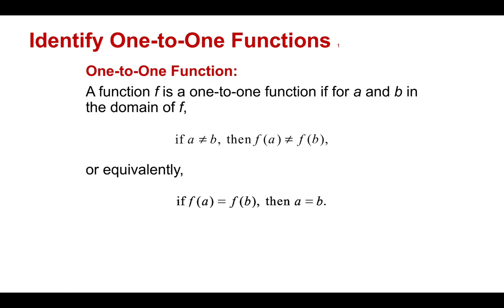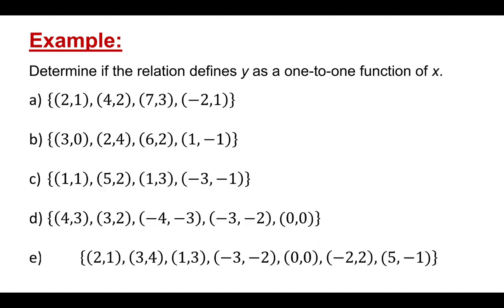When I plug them in, I still get the same result. So they are not one-to-one. This is the same as saying if the outputs are different, if the y values are different, then my inputs must be different. So we can actually just look at the coordinate points to determine if a function is one-to-one.